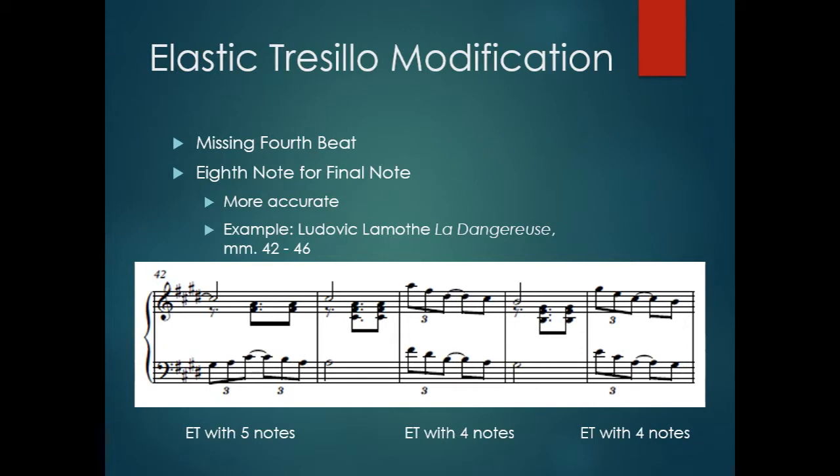So this eighth note for the final note is actually a more accurate transcription of the final note. As you will see in this example from Lamotte, the first measure has an elastic tercio in the left hand. Then in the third measure and the fifth measure, we have the elastic tercio with four notes. And you'll see that the final note is an eighth note.